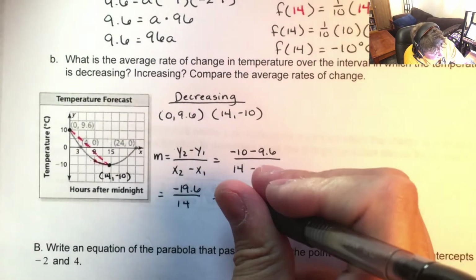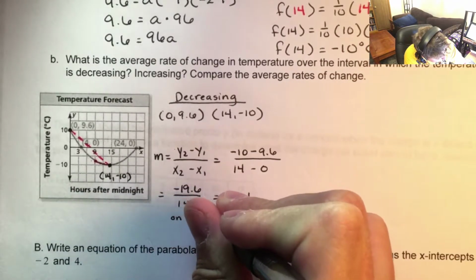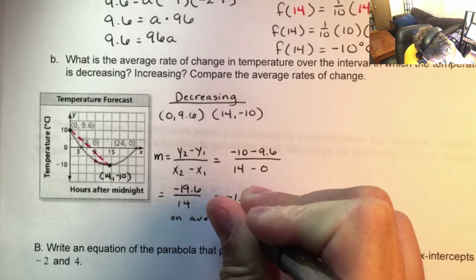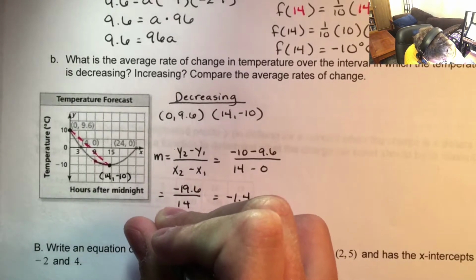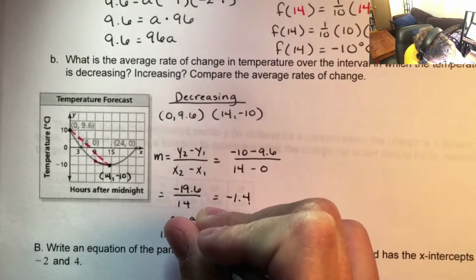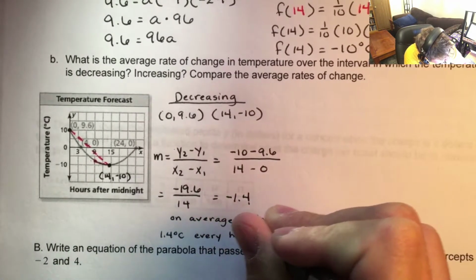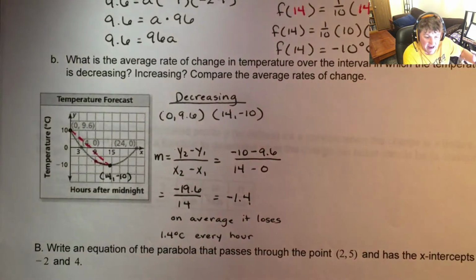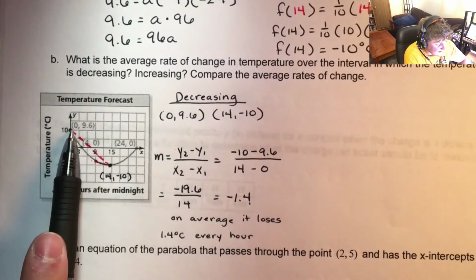Okay, so this means that on average it loses 1.4 degrees Celsius every hour. Even though it doesn't actually lose 1.4 degrees every hour, because that's how straight lines work.